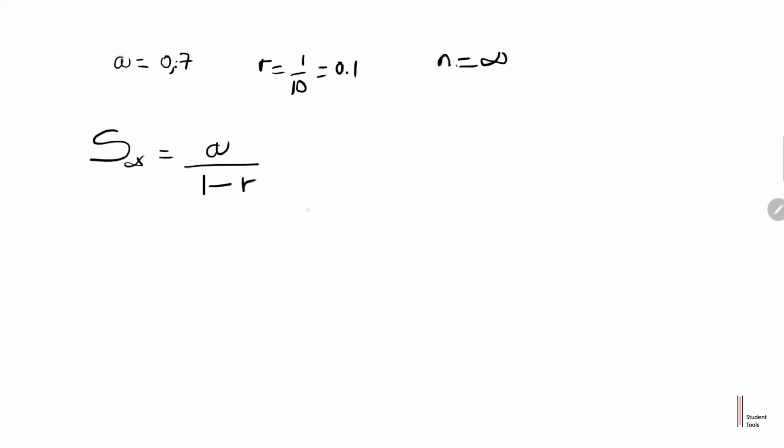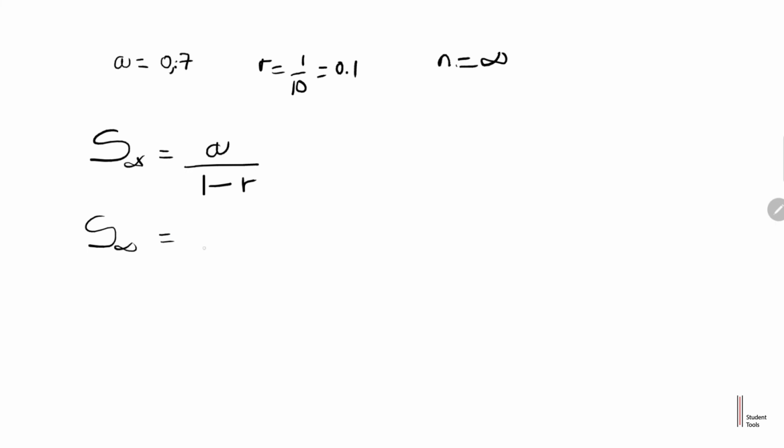And what you should know is that in order to calculate the sum to infinity of a series, r should be greater than -1 but less than 1. That is something that you should know. And here in our case, we have r as 0.1. So we are good. So let us calculate the sum to infinity in our series. We have this.